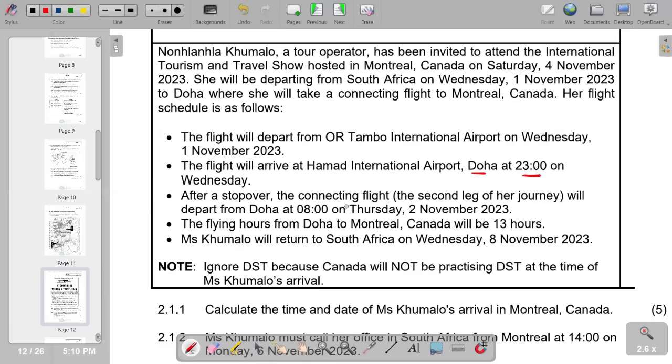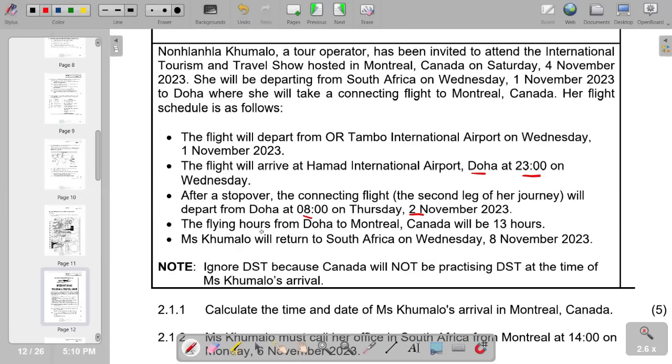And then after a stopover, the connecting flight, which is the second leg of the journey, will depart Doha at 0800 hours, which is 8 a.m. in the morning on Thursday, which is 2 November 2023. So that's when the flight is going to leave Doha.